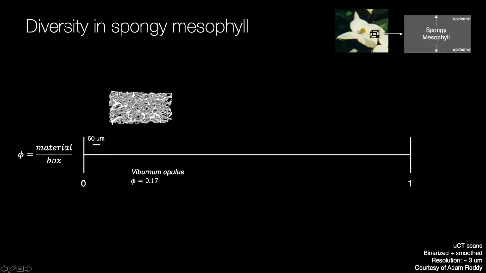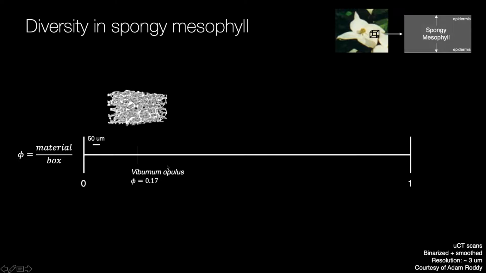And we can resolve basically anything that is cell, because in the interior of flower petals, the cells are mostly water and a little bit of collagen, and the interstitial space is air. So there's good contrast, and we can binarize the scans to really see the difference between the interstitial space and the plant cells themselves.